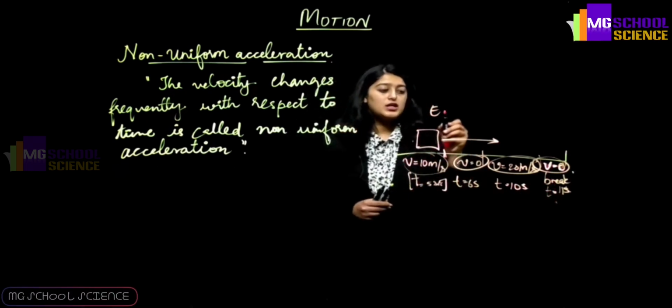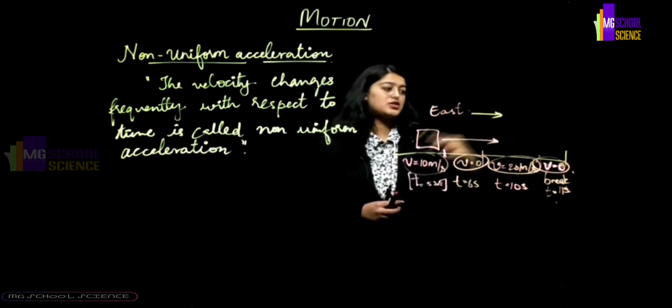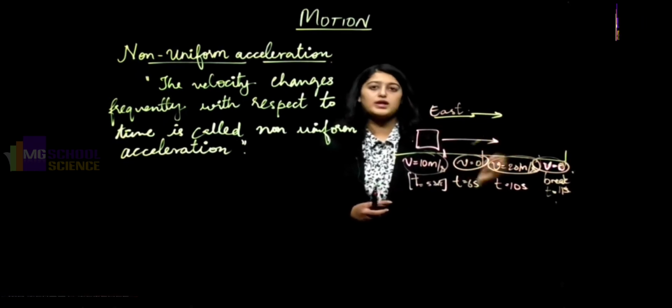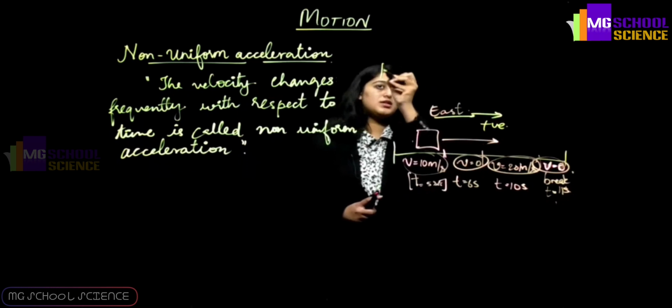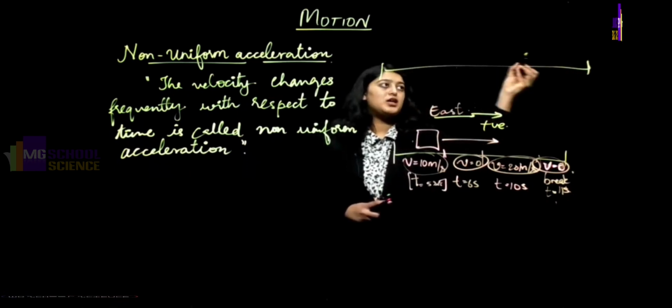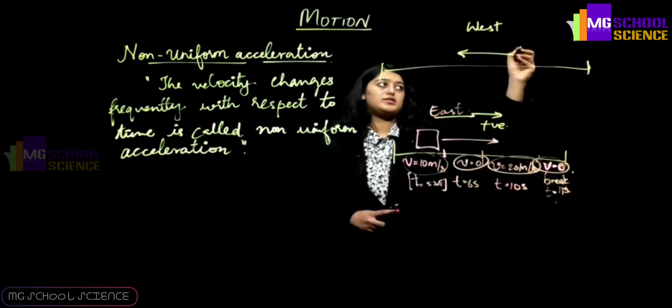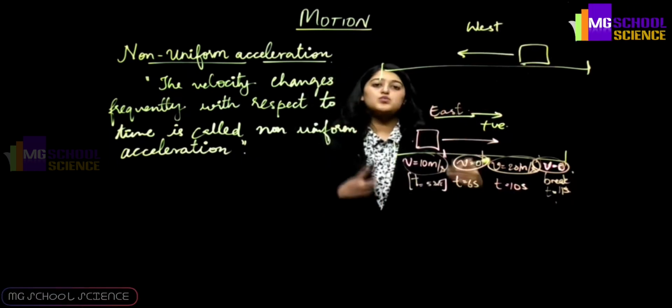Or it could be that the body is moving towards the east direction. You know that this direction is positive. Now let us imagine the same car moving with negative acceleration, towards the west.